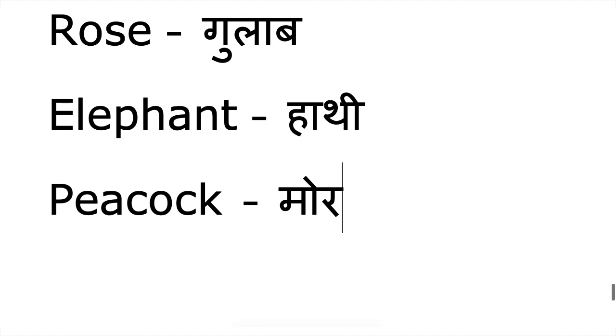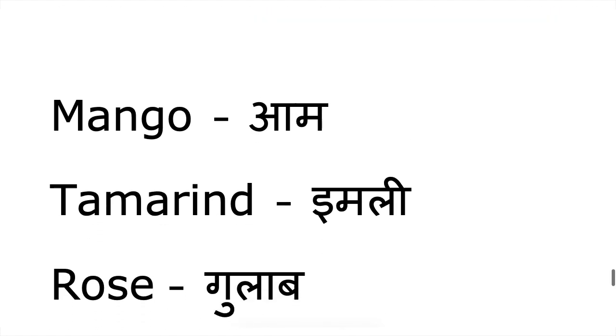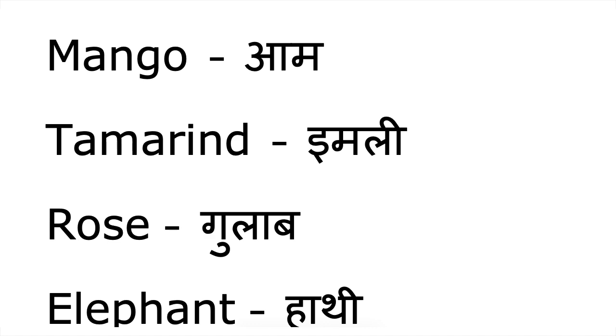So this is how we can write in Hindi. I have shown you the words and how we can write. Actually, I have given you the trick. I'm not telling you to memorize all the things. You just understand the trick and use it while you are writing or while you are reading.